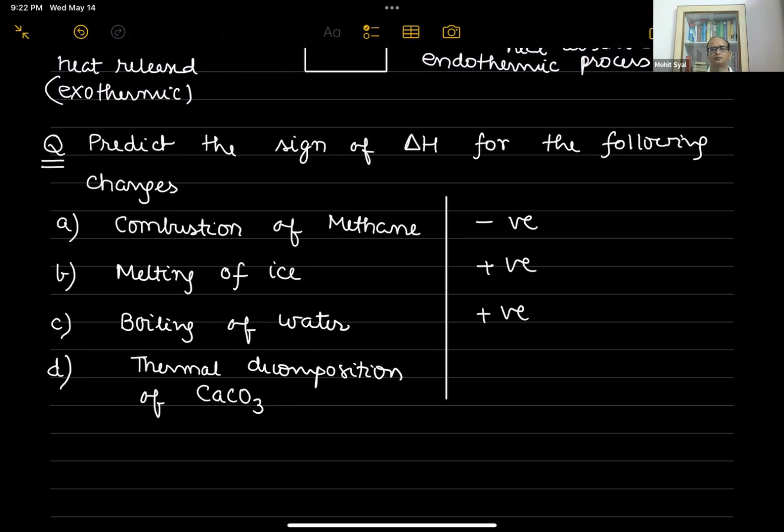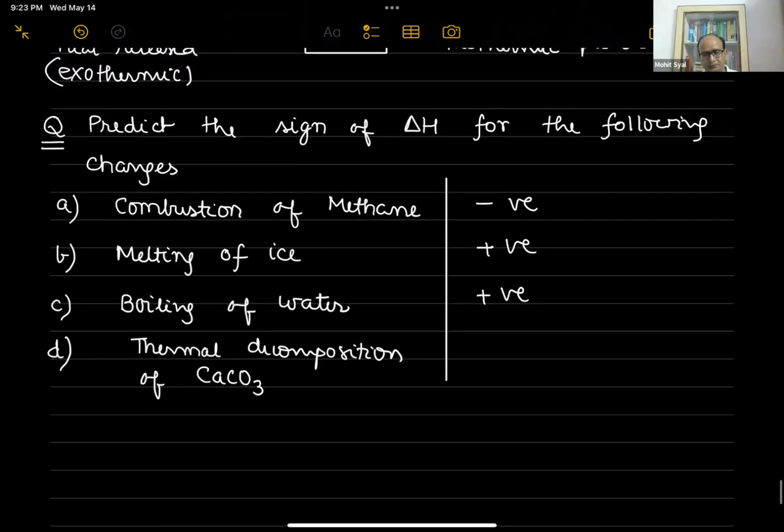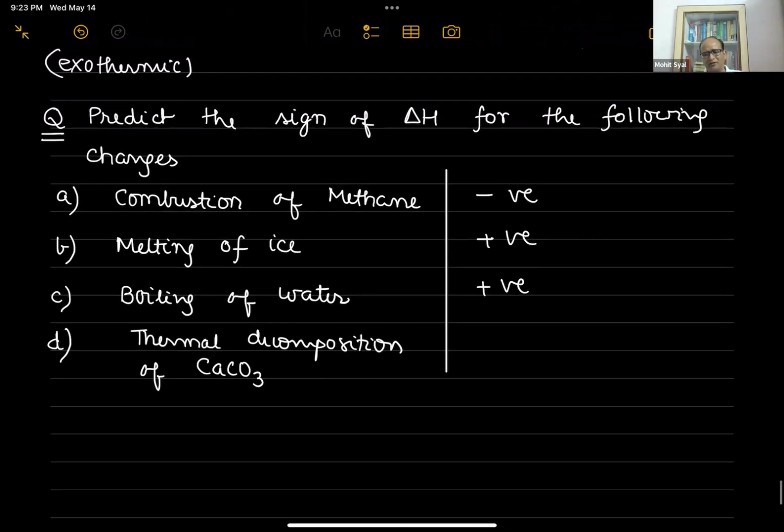Got it? You have studied decomposition reactions in class 10. A compound is broken down into several compounds or elements. And breaking something, will it release energy, or do you need to provide energy to it?